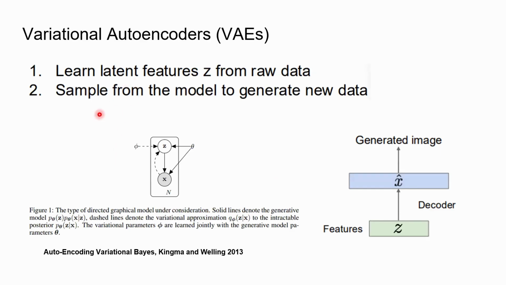This technique was first introduced by Kingma and Welling in 2013, where essentially this is a simple representation of the type of models that they're trying to go for, where the variational parameters, phi, are learned jointly with the generative model parameters, theta.